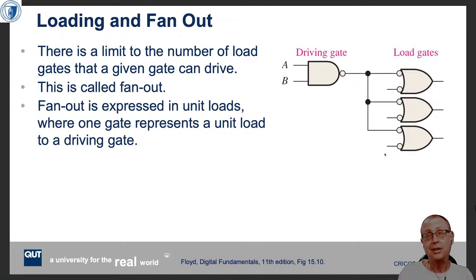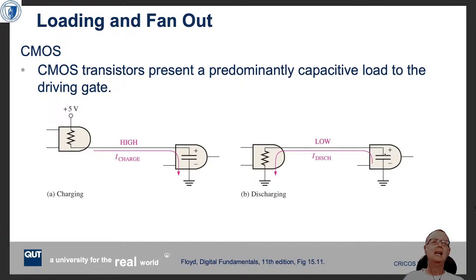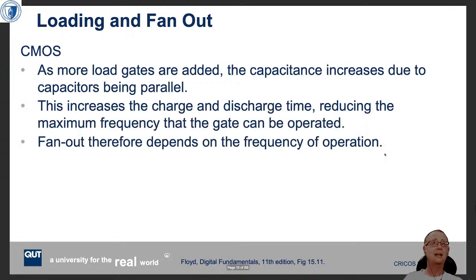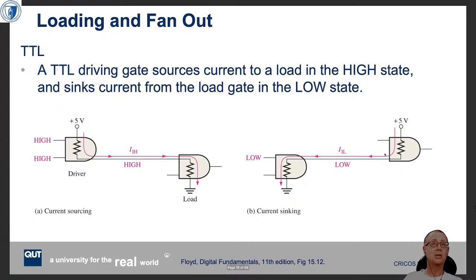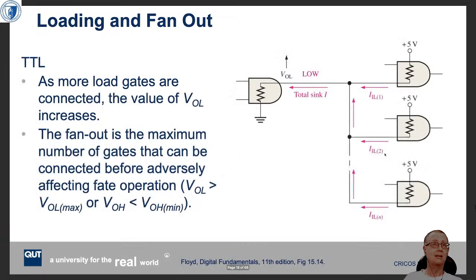One of the other reasons you get unknown behavior is what we talked about before, glitches because of different propagation delays. So have a look at that. And this is just a bit more detail about fan out and loading and how things work. I'm not going to talk about the details here.